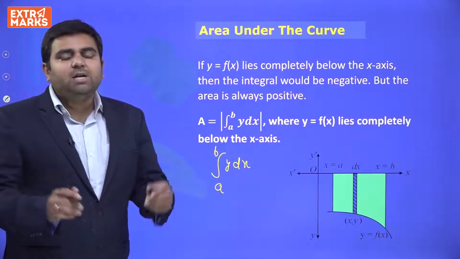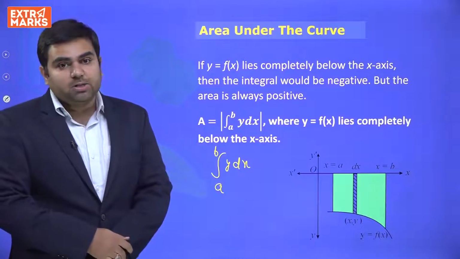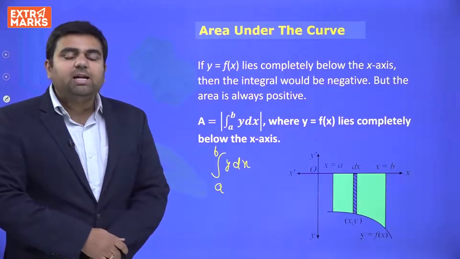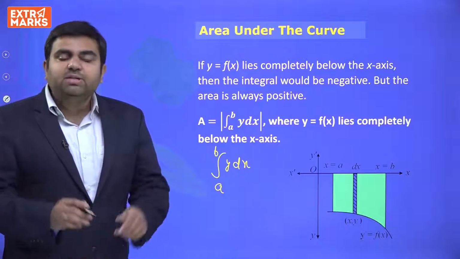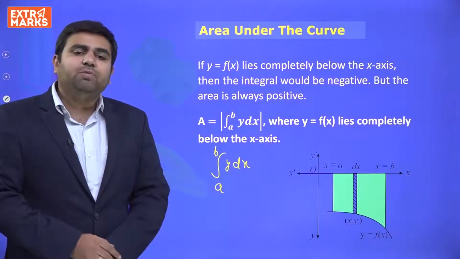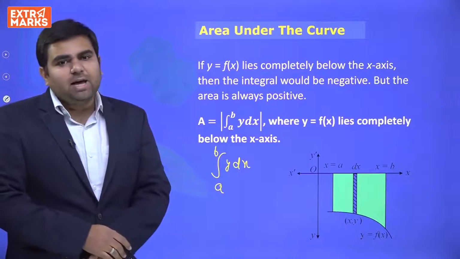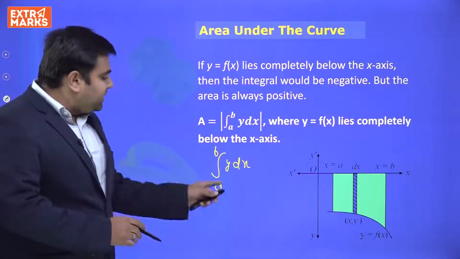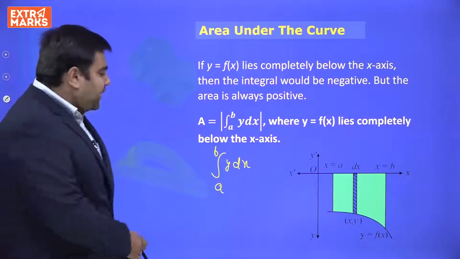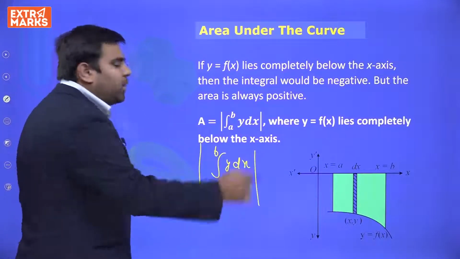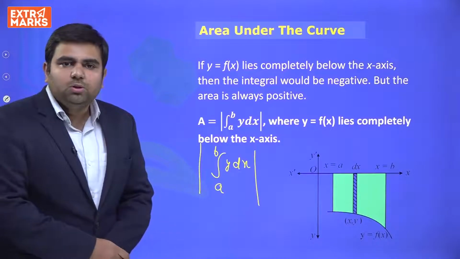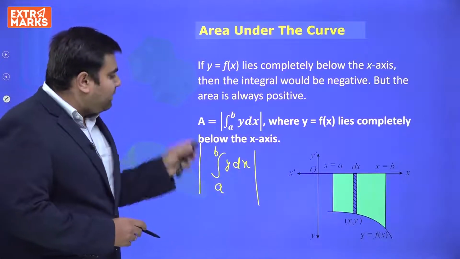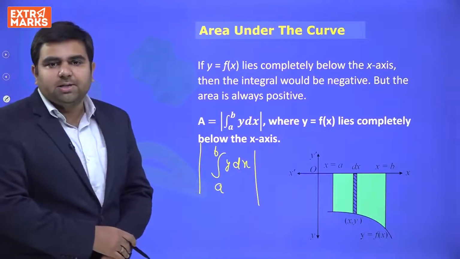But area is a quantity which is always positive or zero. Area can never be negative. Since area is a physical quantity which is either zero or positive, but this integration comes out to be negative, its numerical or absolute value is obtained by applying a modulus across this integration.